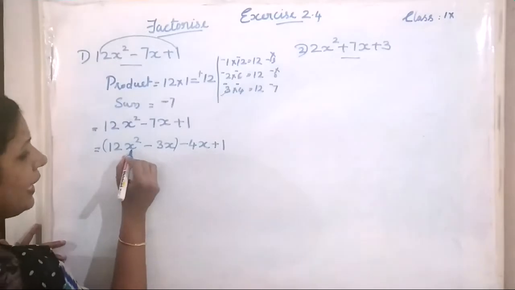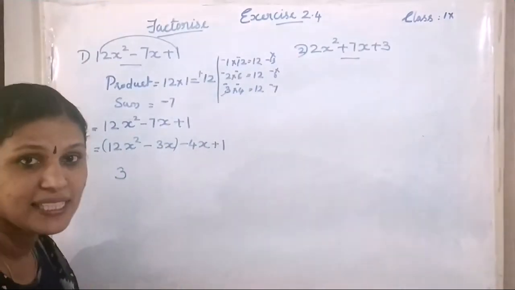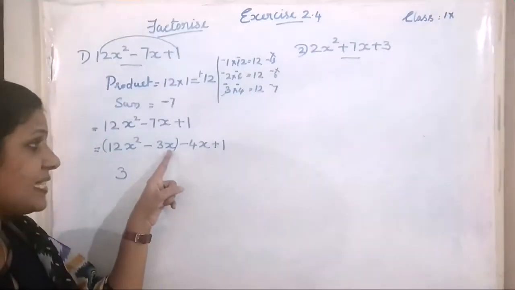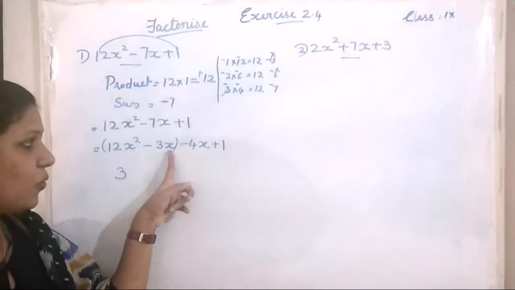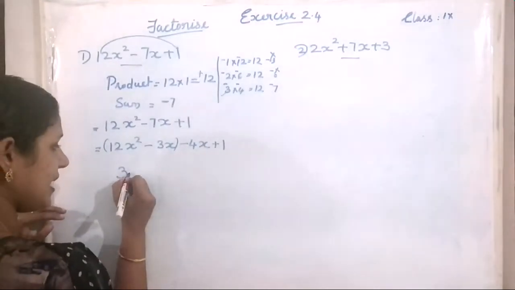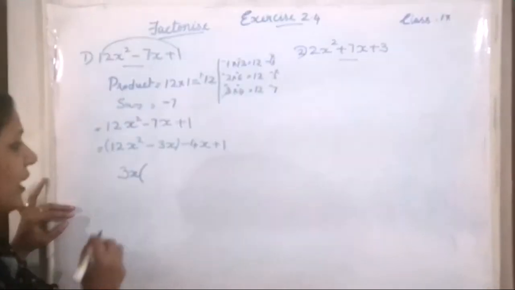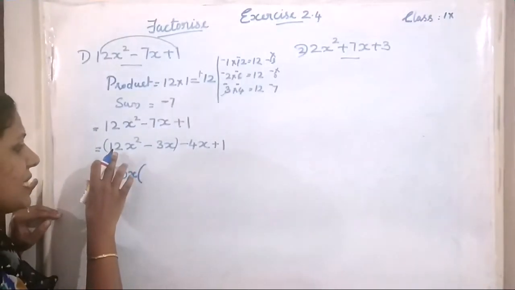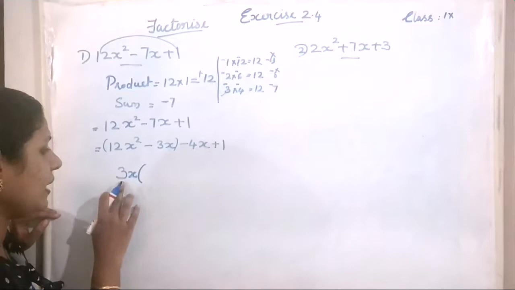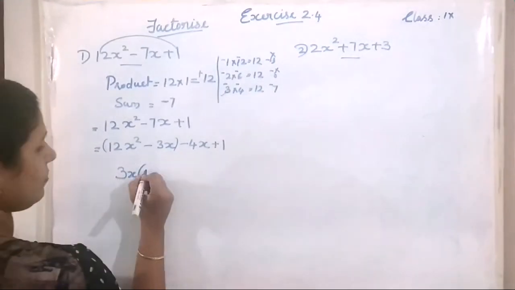Okay. Now, x square and x, that variable x is common. So, this x we take it outside. And from 12, the 3 goes outside, the remaining is 4.